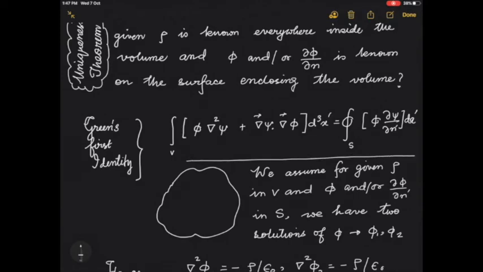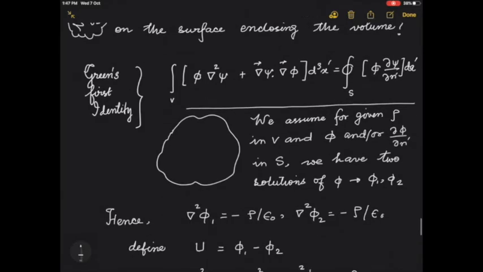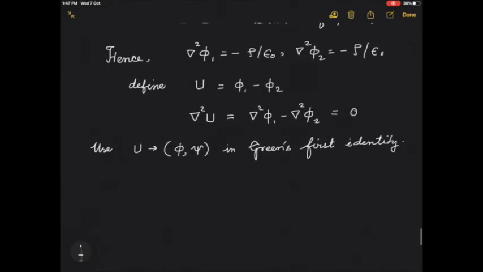This is my Green's first identity. So u grad square u is 0, so that term is not there. Here I get gradient of u dot gradient of u, so that is just gradient of u squared.